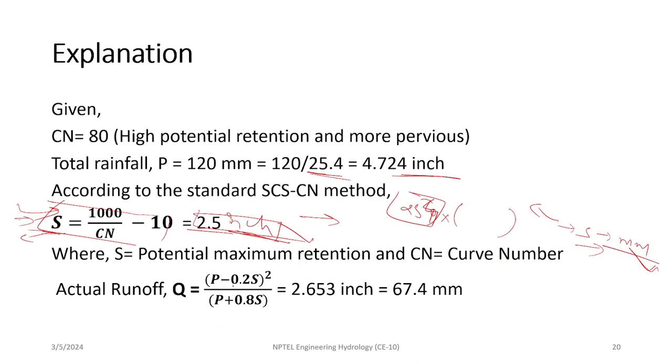It is 0.5. You can see that it is already written in the direct formula as 0.2 into S. That is nothing but IA only. There should not be any confusion.